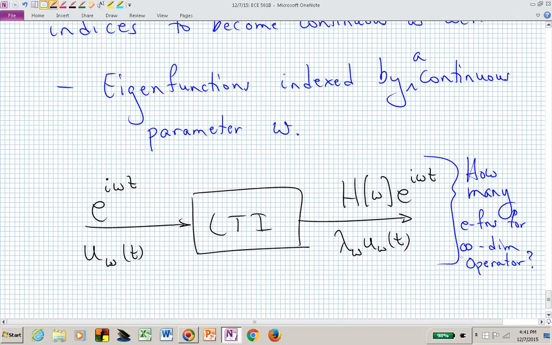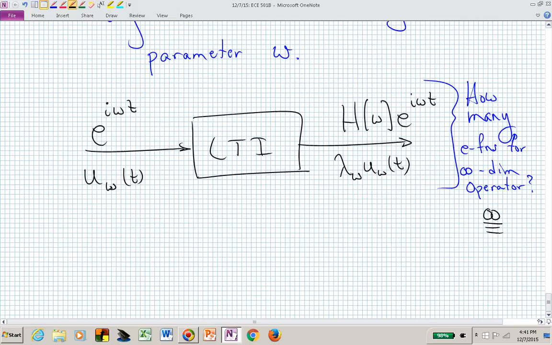Now I'm saying how many e to the i omega t's do we have? An infinite number. However many omegas we have, and that's an infinite number, we have a continuous number of those. So we now have this infinite number of eigenfunctions, an eigenfunction for each omega that you could think of, each frequency that you might want to excite this linear time invariant system with.